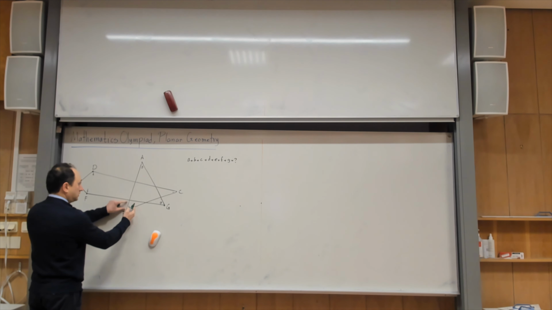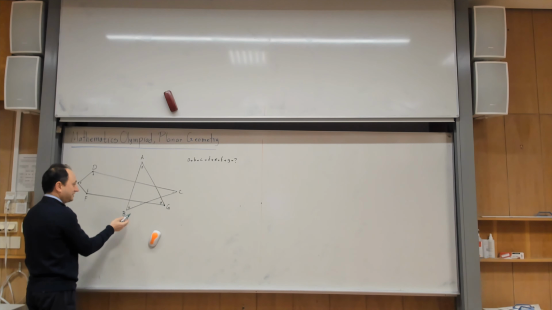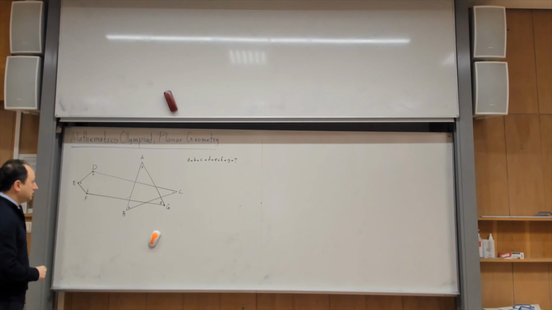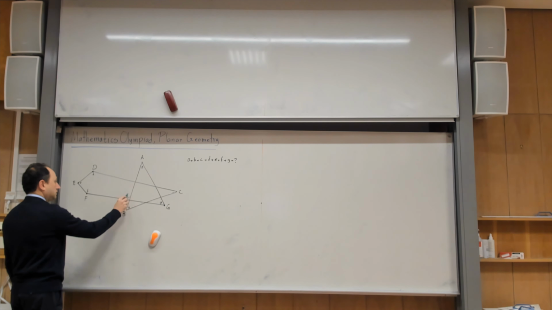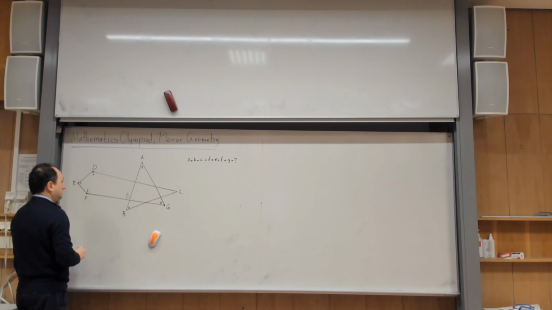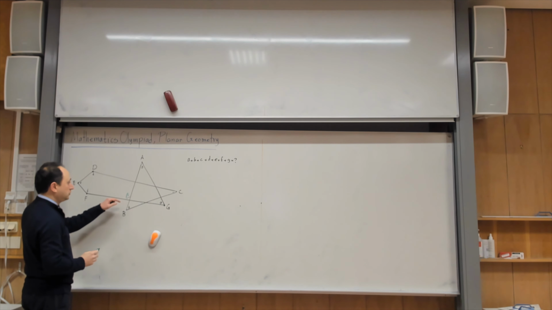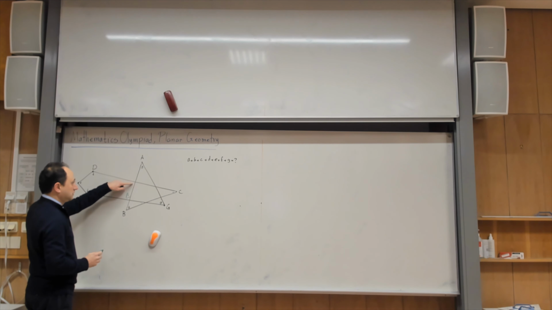So here, that angle. No, not that one. The one on the opposite side of that small triangle. This one. Yeah, which we'll call beta. And then you can draw alpha on there.